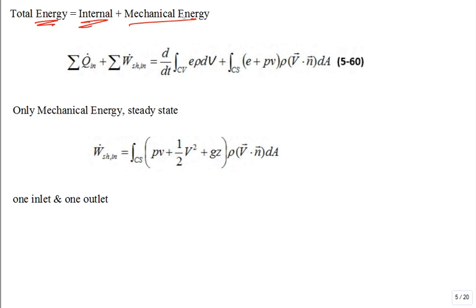So for our open system, this equation, which we derived using the Reynolds transport theorem, you can identify a control volume, and you have rates of heat transfer into the control volume, shaft work into the control volume. If it's steady state, we're going to neglect how the energy accumulates or goes up or down with time in that control volume. But here is the flow across the boundary of the control volume.